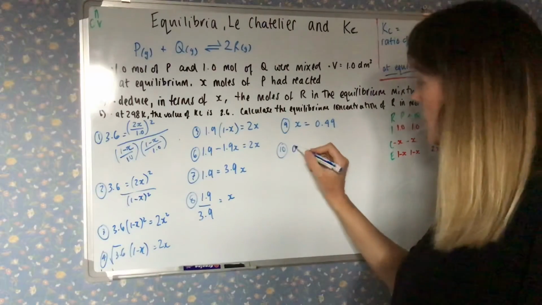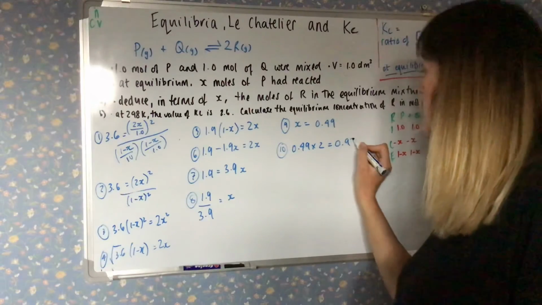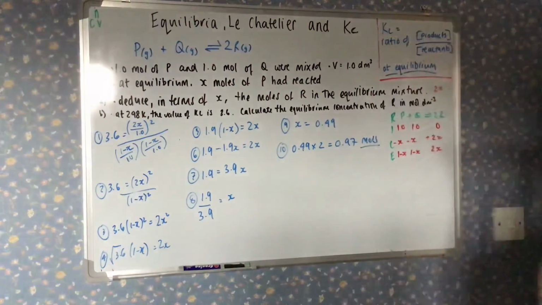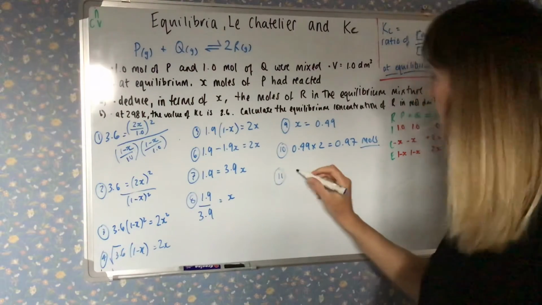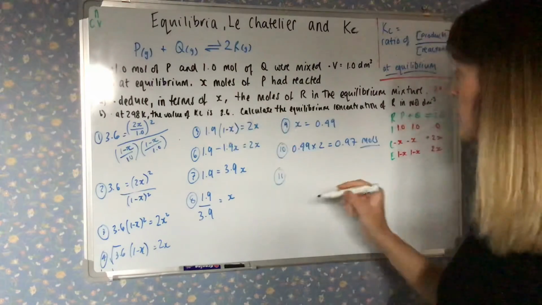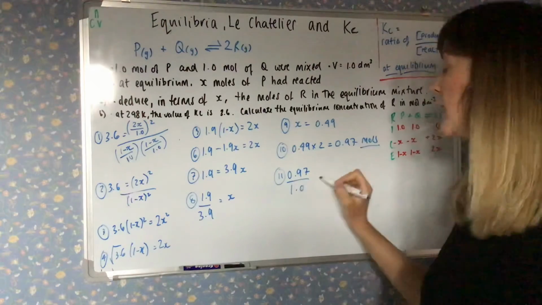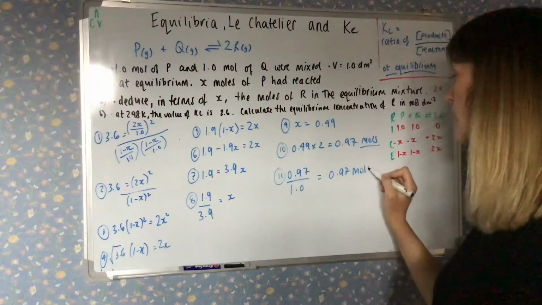We've got 0.49 times 2 equals 0.97 moles. And then if we want it in moles per decimeters cubed, concentration is moles per volume, is 0.97 divided by 1.0 is 0.97 moles per decimeters cubed.